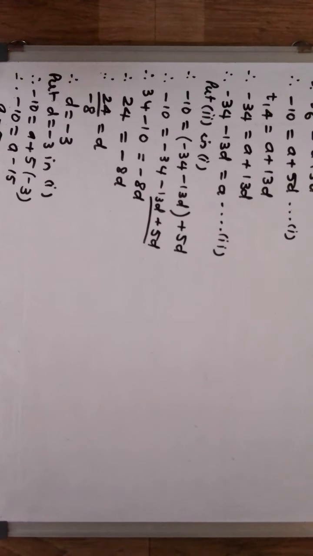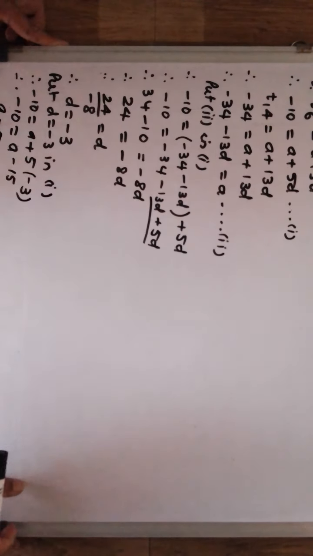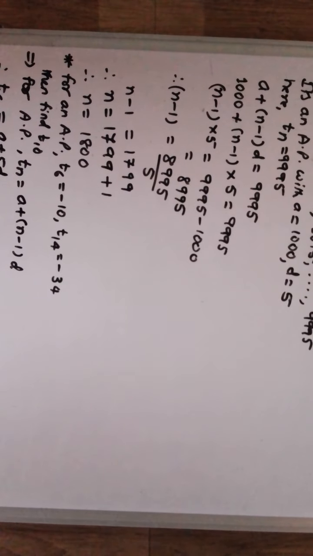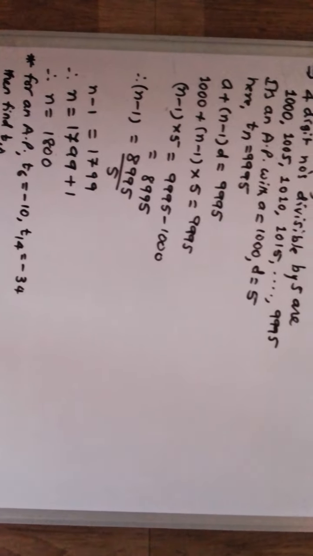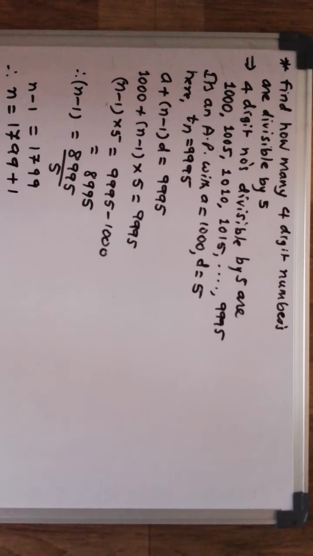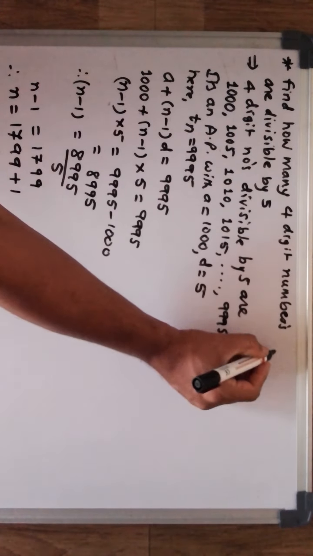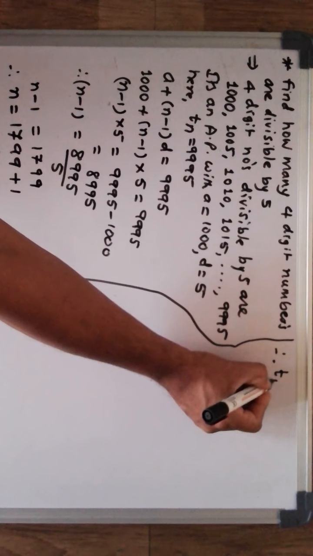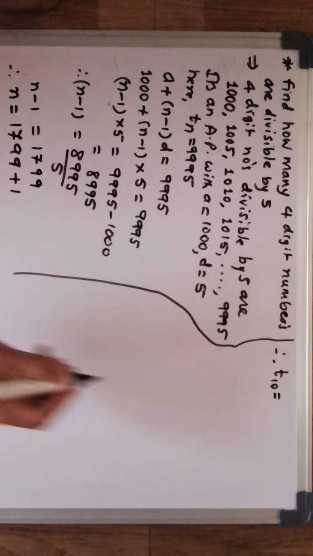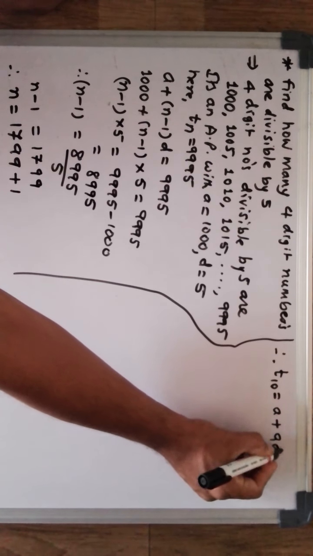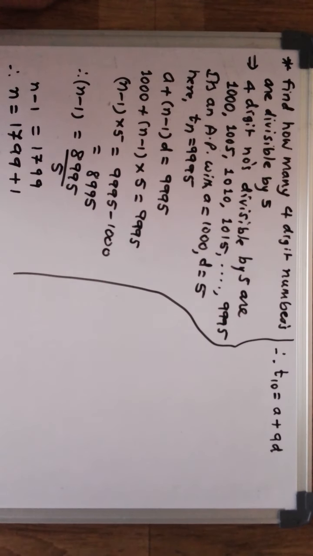Once you get a as 5, you are expected to find the 10th term. So what will be your 10th term? Term number 10 will be a plus 9d, that is (n minus 1)d.